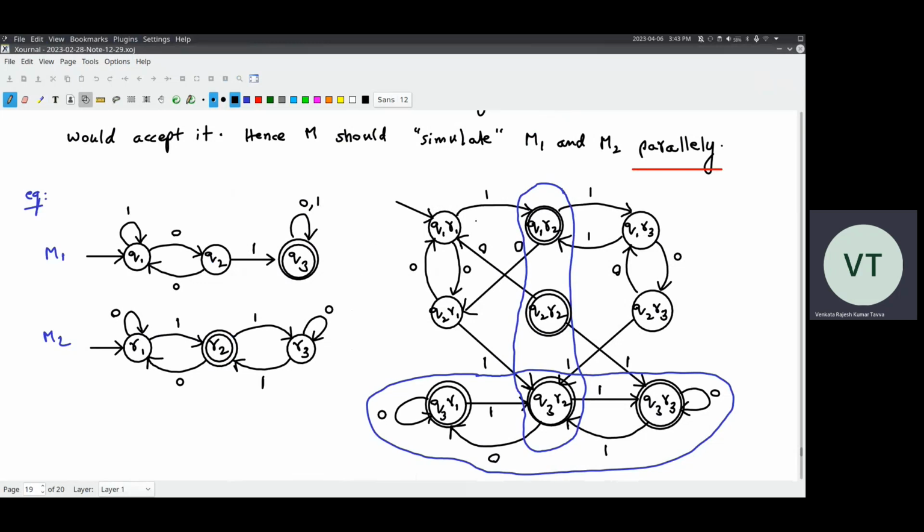So we get q1 r1, q1 r2, q1 r3, and again q2 r1, q2 r2, q3 r3, and so on. So for every state in the first machine, you build an ordered pair with every state in the second machine. So that is nothing but the cross product of Q1 and Q2.